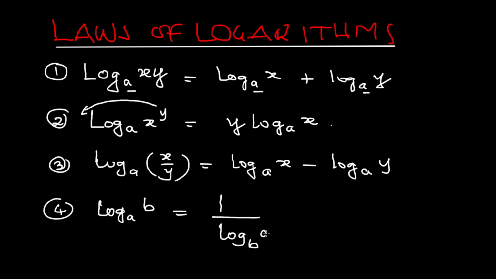This will be b and that will be a. Very important rule. Remember, all these are rules that we're going to recognize in expressions or equations when we're solving them or simplifying them.